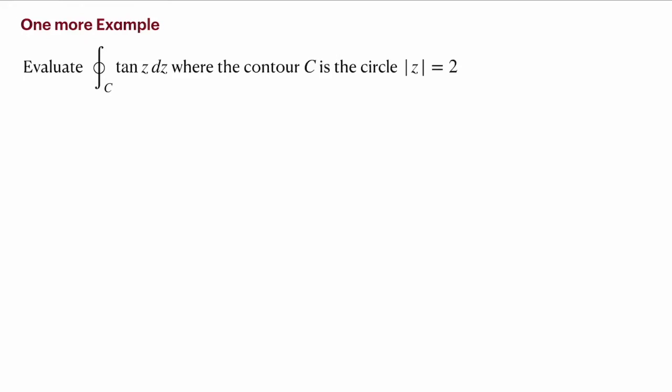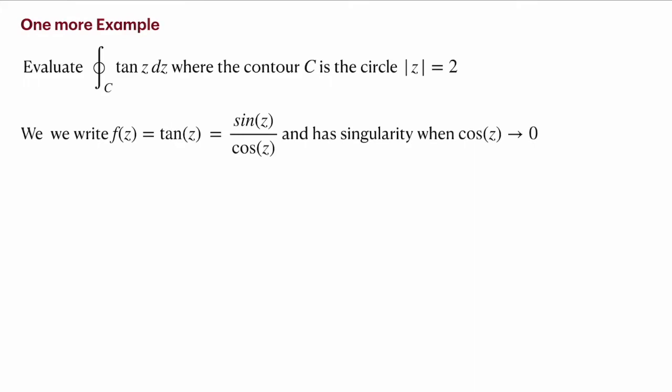Now let's take one more example, get some exercise. Let's evaluate the contour integral of tan z dz over the contour mod z is equal to 2. So this is a circle with the radius 2 centered around the origin. Now let's find out the singularity of this function f of z equal to tan z.